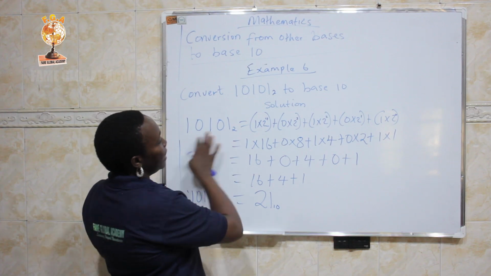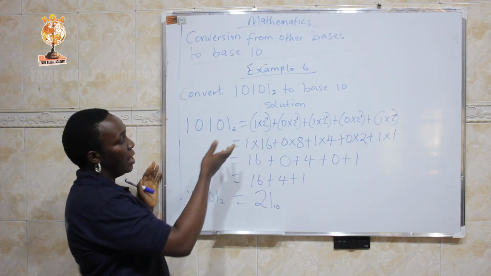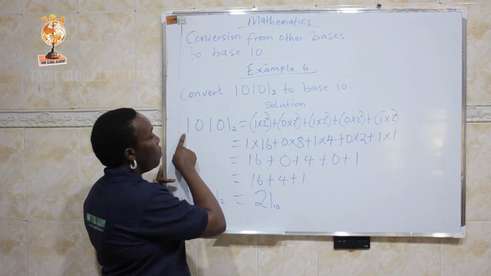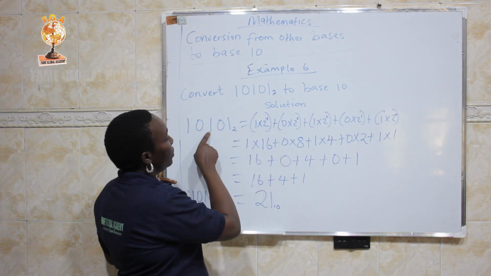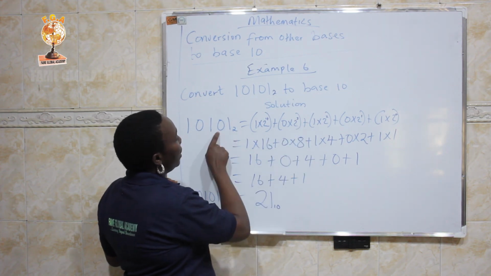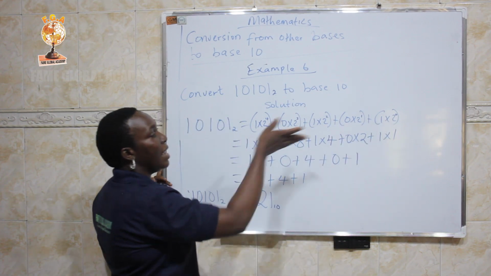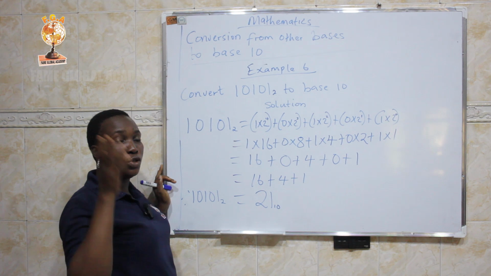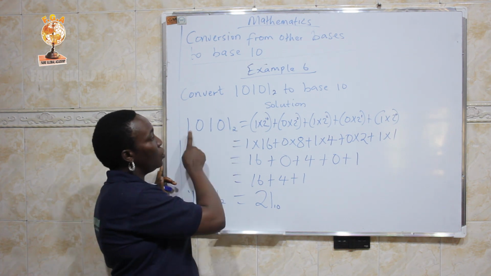Okay, so you expand, multiplying each digit by the base one after the other: 1 times 2, 0 times 2, 1 times 2, 0 times 2, and the last 1 times 2. That's what we have there. After that expansion, you put your powers. Please remember the power is on the base, not on the numbers.